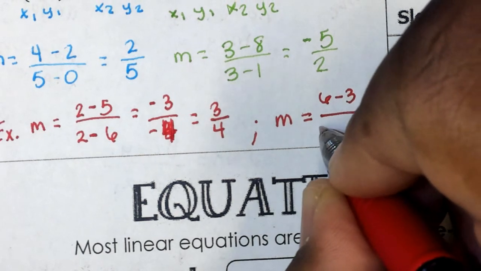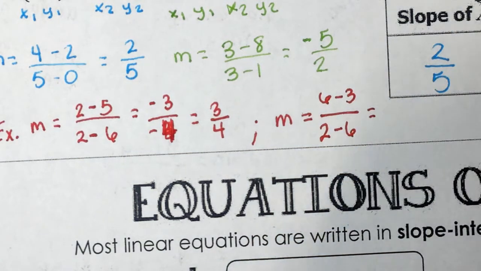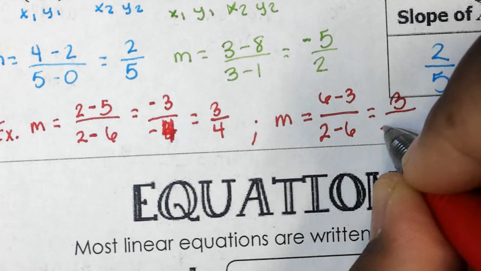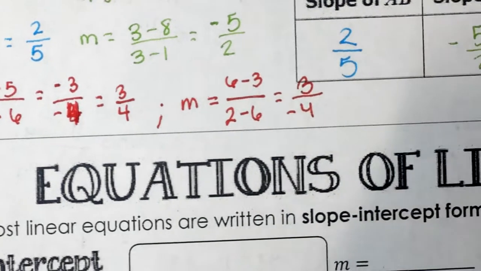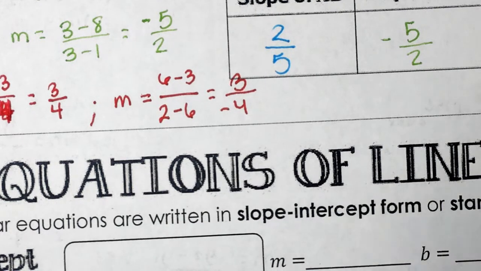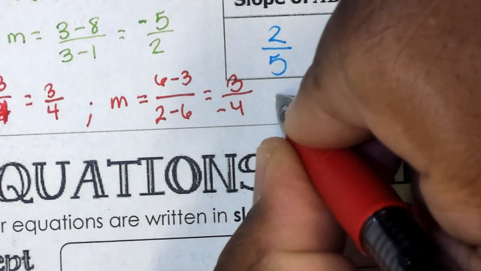For this one, you're going to get positive 3 on top, and then negative 4 on the bottom. Kids, when they write it, or if you have to type that in, will write 3/-4. If you only have one negative when you solve, just move that negative to the front of your fraction. Don't leave it on the bottom. It should be in the front.